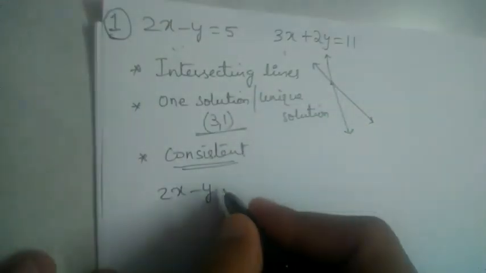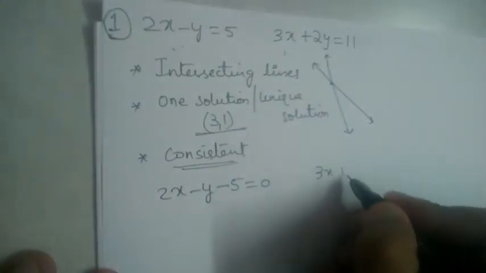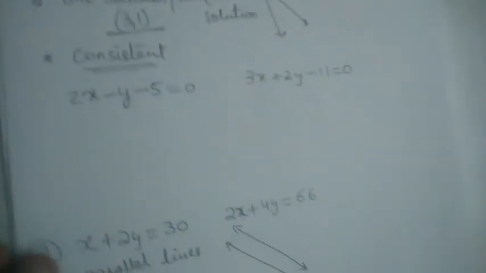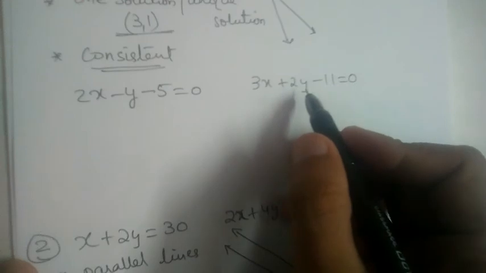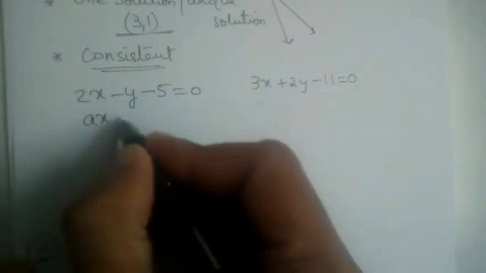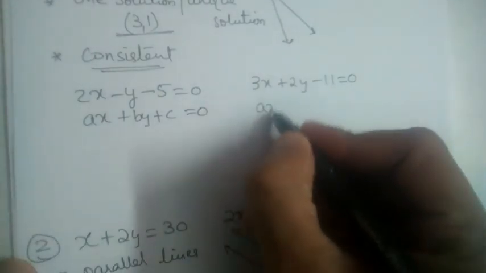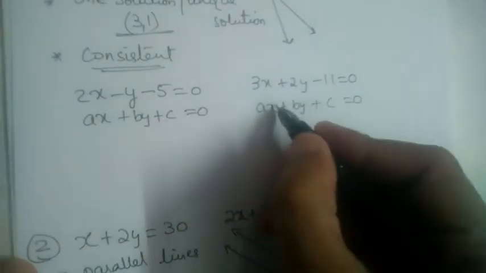First let us write these two equations in general form. 2x minus y, this 5 comes on LHS, right, becomes minus 5. Here 3x plus 2y minus 11 is equal to 0. All right, so we have two equations. If we write the general form, ax plus by plus c is equal to 0, here ax plus by plus c is equal to 0.